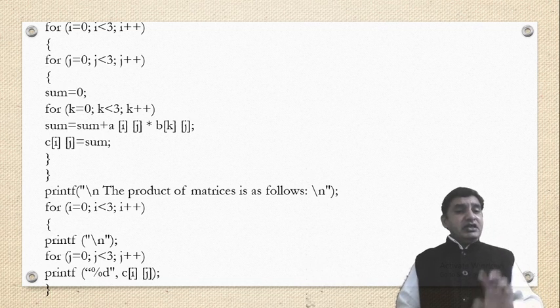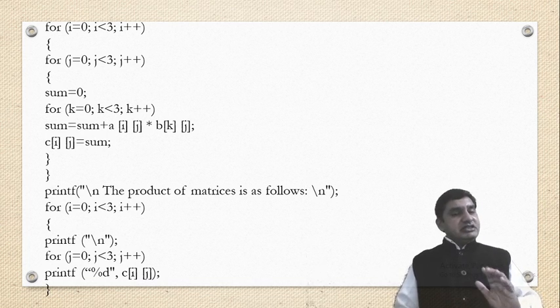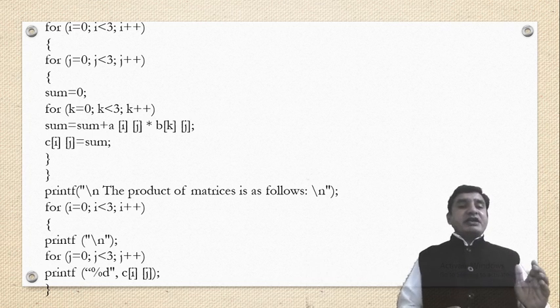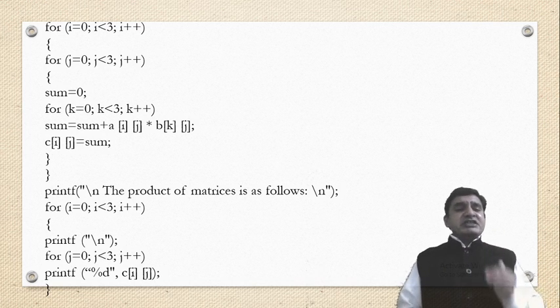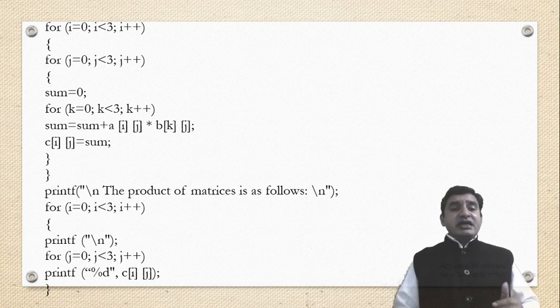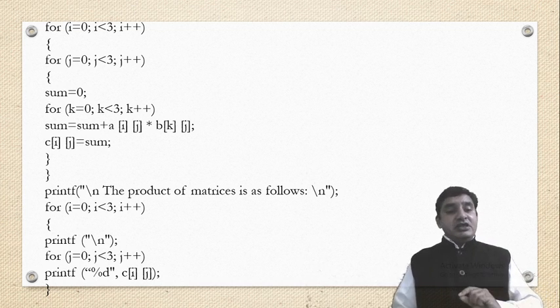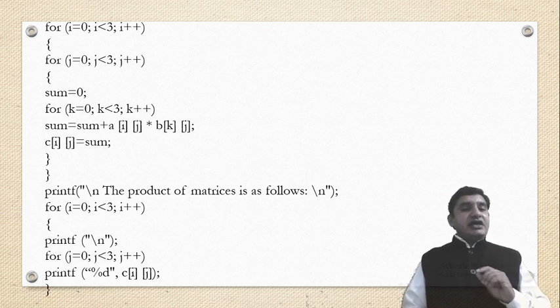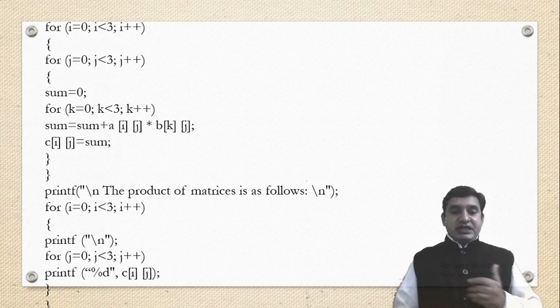It represents the columns of matrix C. i is equal to 0, 1, 2 represents the rows of matrix C. Now by using the printf function, we display matrix C, that is the product of matrices A and B, on the screen. So printf percentage d c[i][j]. So this is the product of the matrices.